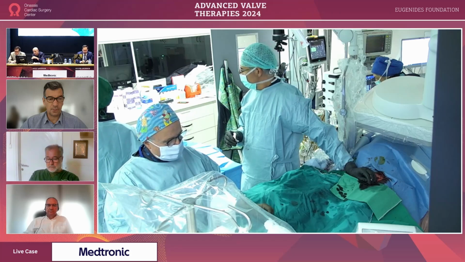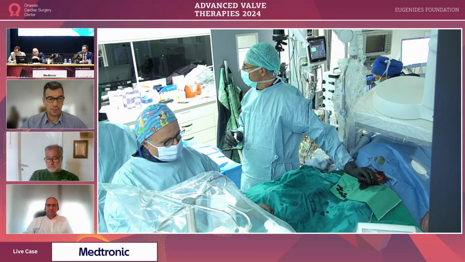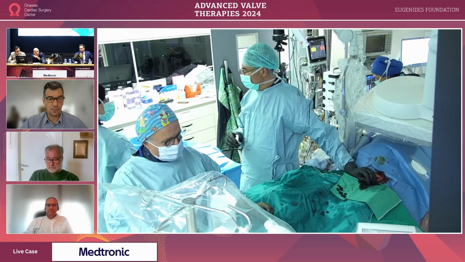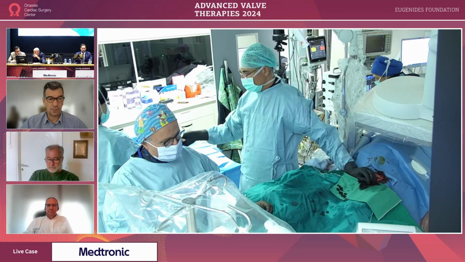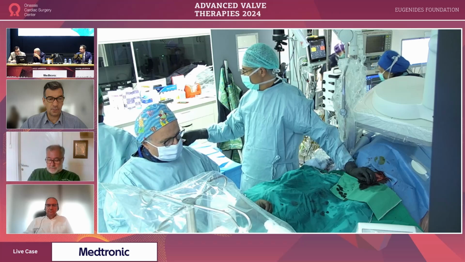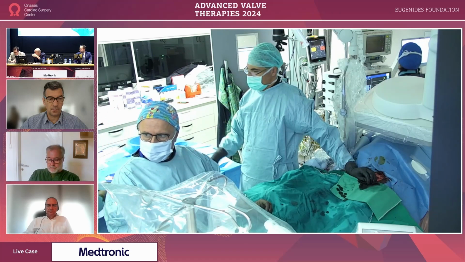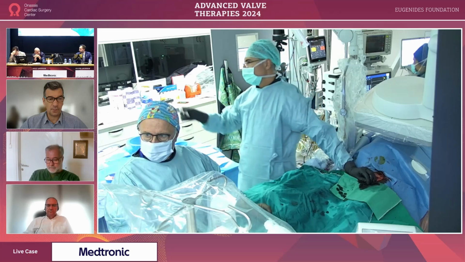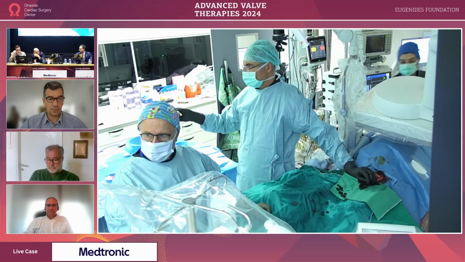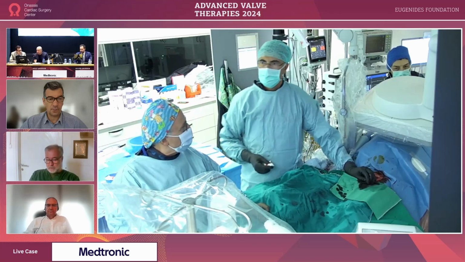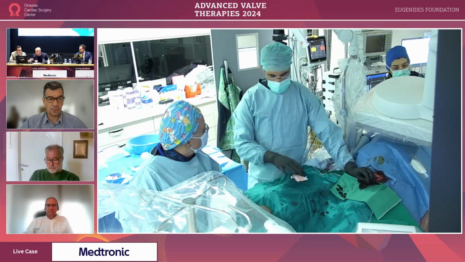This is so important what you just said, because the vast majority of operators are just using ultrasound, and ultrasound never gives you the exact information of the height regarding bifurcation, like angio at the same time, not cine, fluoro. So I think that the combination is very, very important.